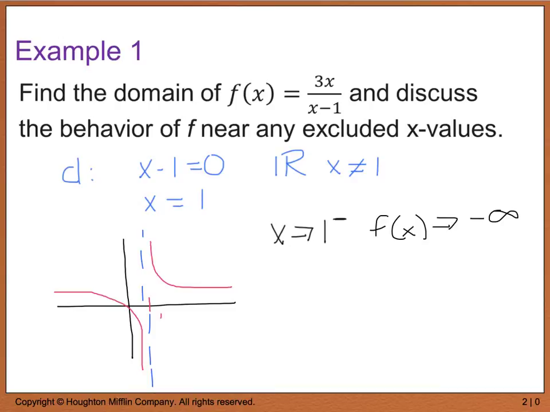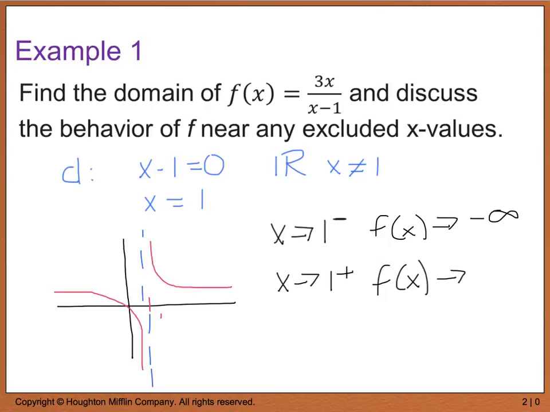Now I'm going to do the same thing, except I'm going to look at the opposite side of my graph. So now I'm going to look at x as it's approaching 1 from the right, and we're going to look at our f of x values, which are really our y values. And as I come in from the right-hand side, denoted by the plus sign here, I see that our graph is approaching positive infinity.